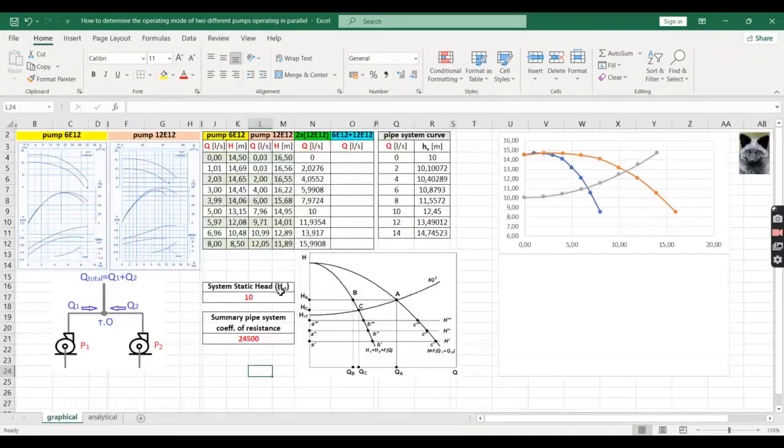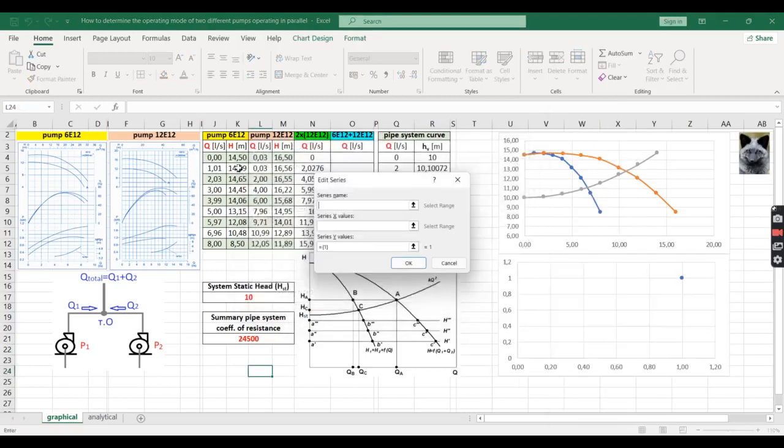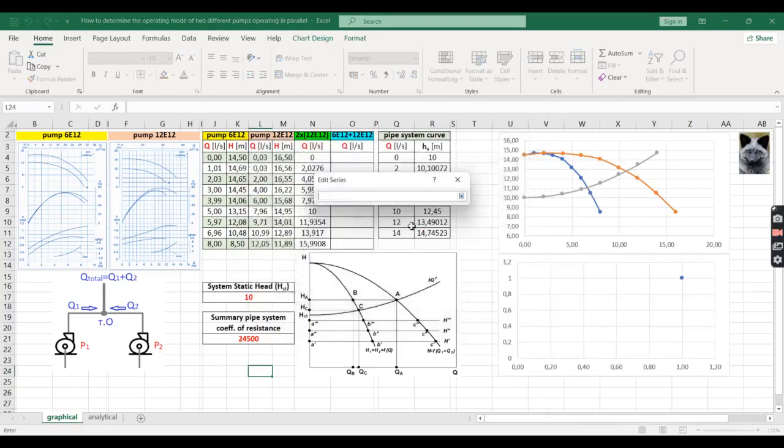For the case of parallel operation of two different pumps, it is necessary to take into account that each of them will have a separate individual head curve. So let's use the relevant data. We have this in advance. So to plot the two curves, let's start with the head curve of the first pump, which is the pump 6E12.